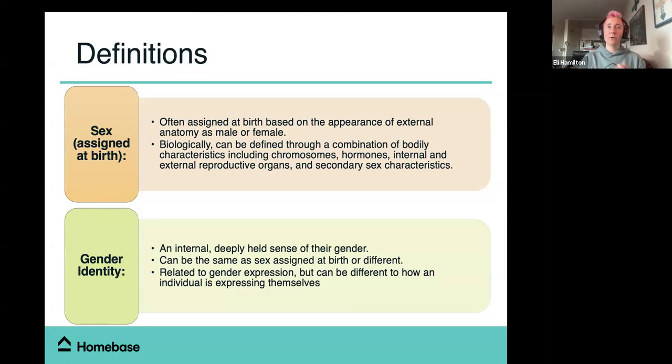One way to understand the idea of sex assigned at birth is literally, what does that say, right? A baby is born, a doctor looks at a baby, and typically this is based on external genitalia. And the doctor says, okay, we're going to put male or female on the birth certificate. And for a lot of people, that is as simple as the assignment of sex at birth gets. It's all about that external genitalia.